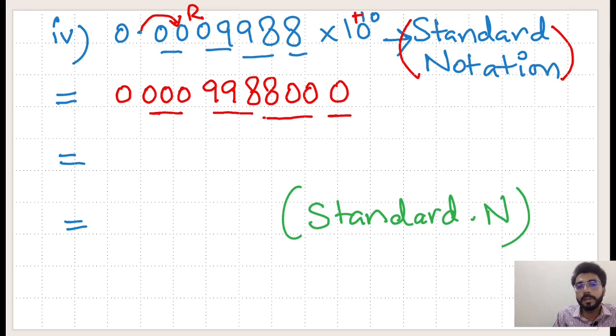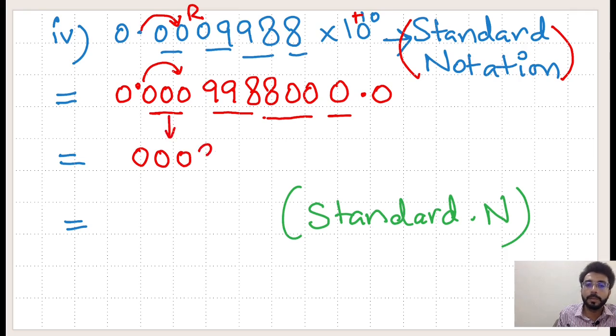So the decimal point moves from left to right side, 10 digits. Now the final answer will become 0, 0, 0, 99, 88, 0, 0, 0.0.